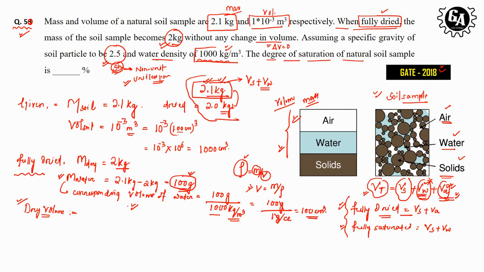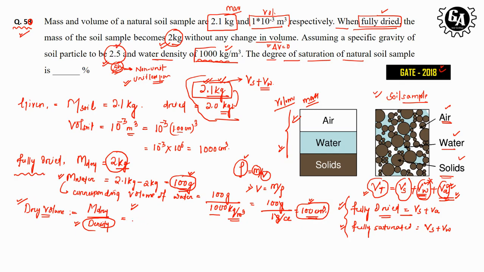So if that is the corresponding volume of water present here, then what will be the dry volume associated with dry mass? What is the dry mass? This is 2 kg, that is the dry mass. Dry volume is equal to dry mass divided by density, and this density is your particle density, which is given as 2.5.